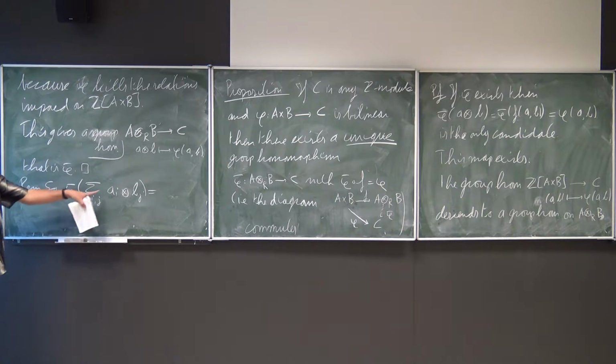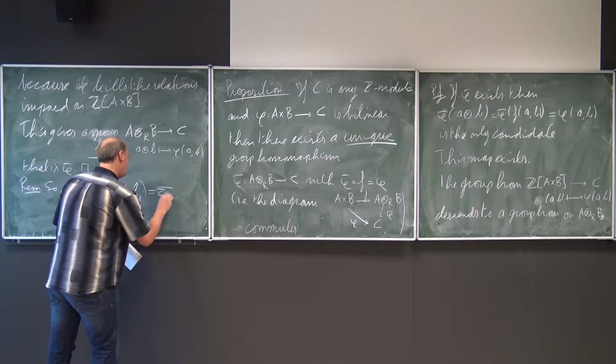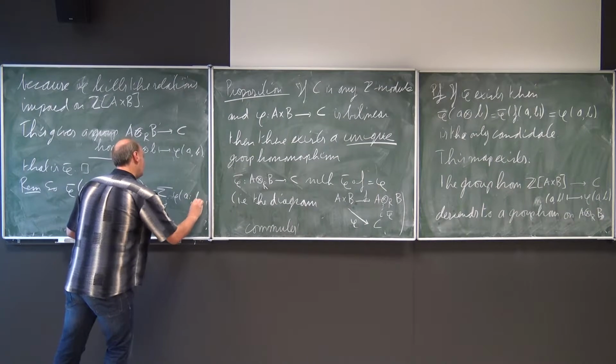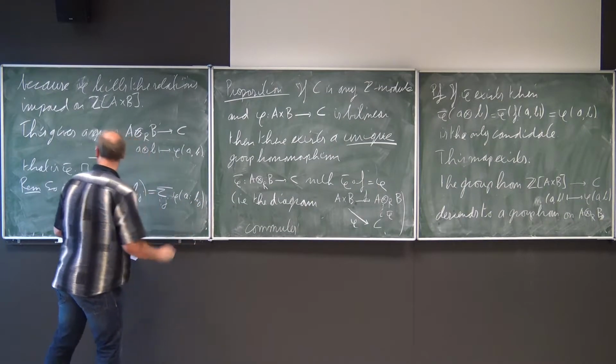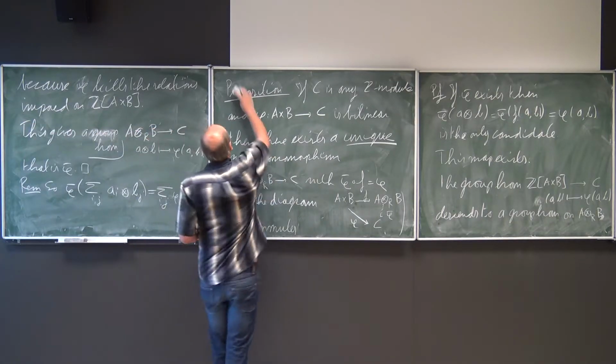And if you like, you can also put integer coefficients in front of this, but they would just come out, and that will then be the sum over i and j of phi(a_i, b_j). Okay, so that's the explicit formula that comes out in the end.